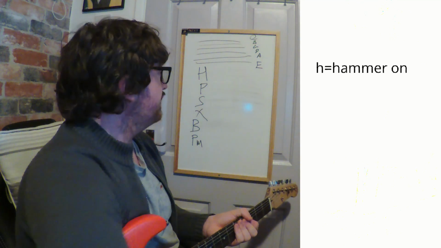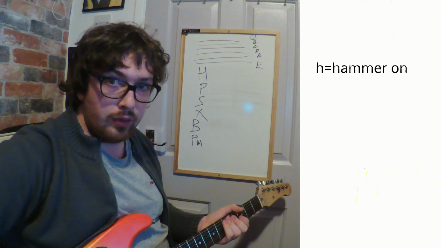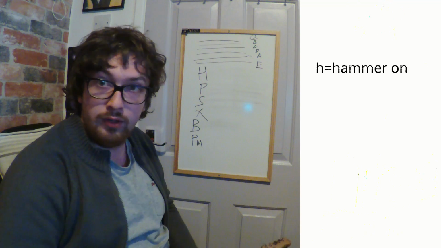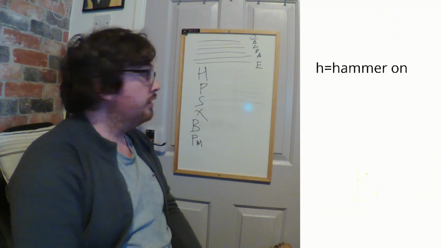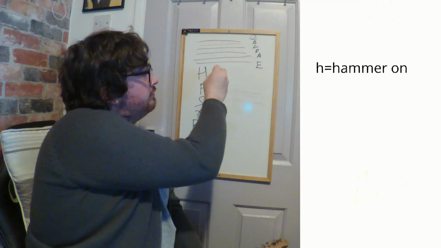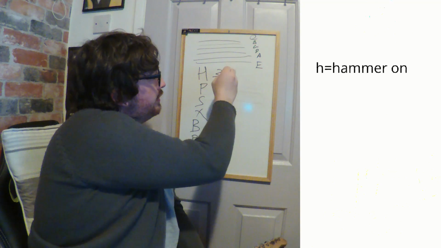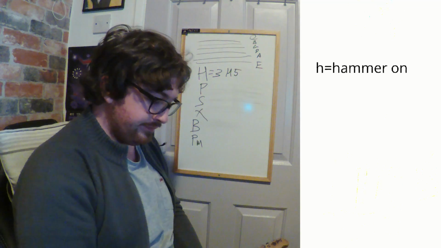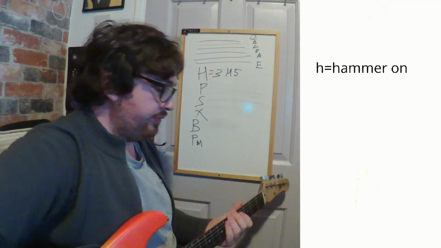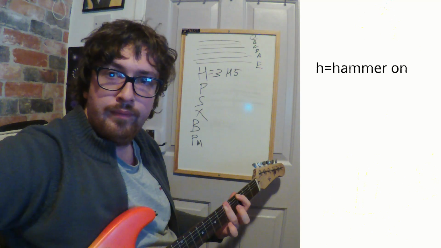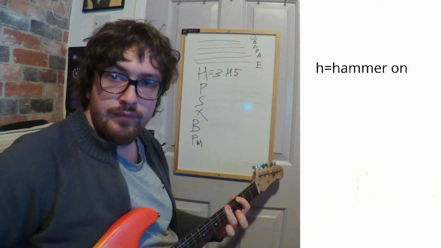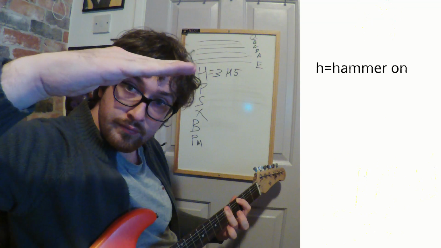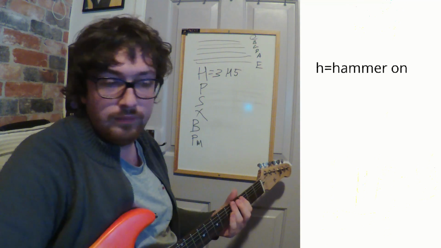For instance, I'll be using the lowest string for this example just so I don't have to write out 6 lines. If you're going from 3, H, 5, you're going like this. You're using your other hand to produce a note.